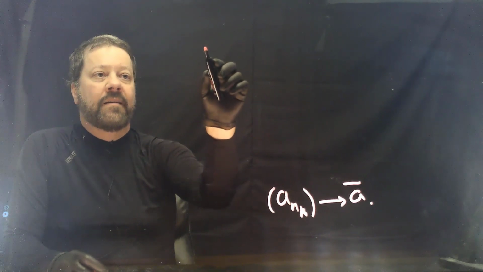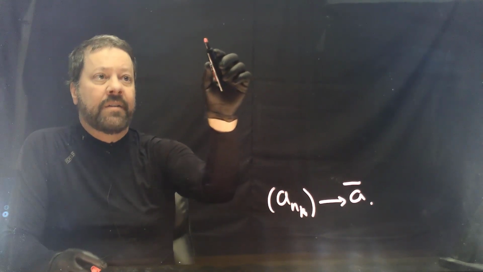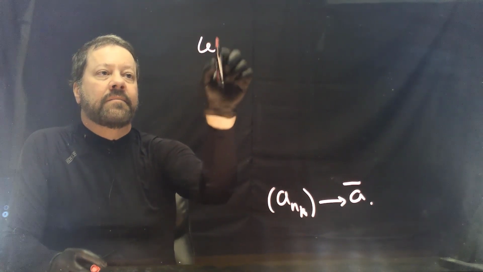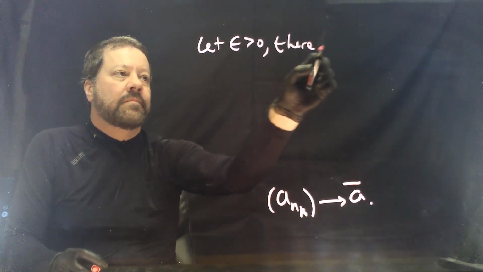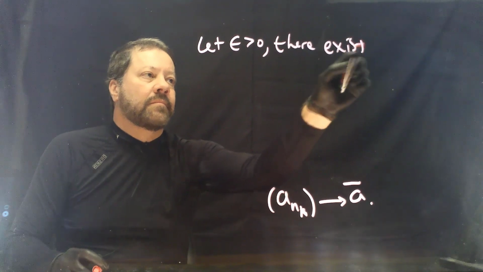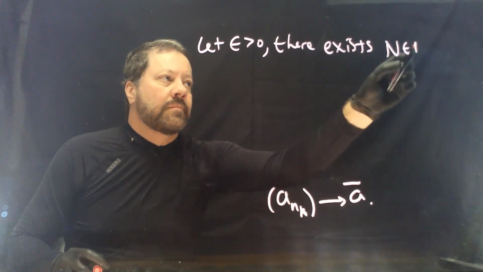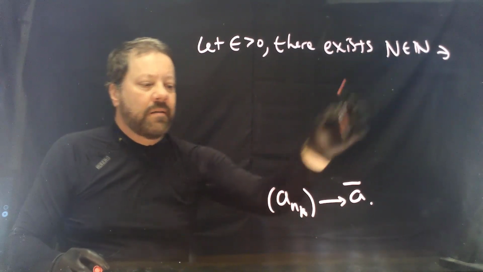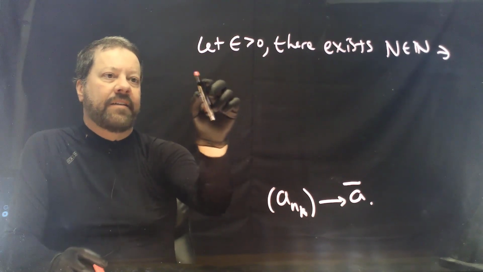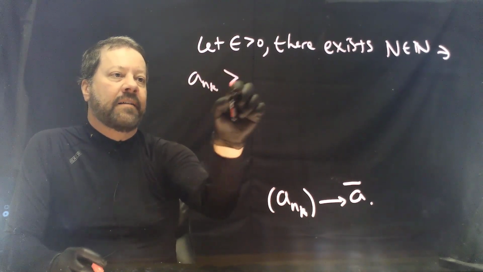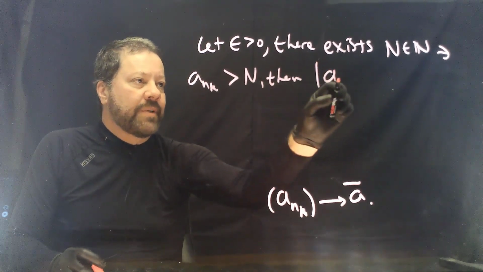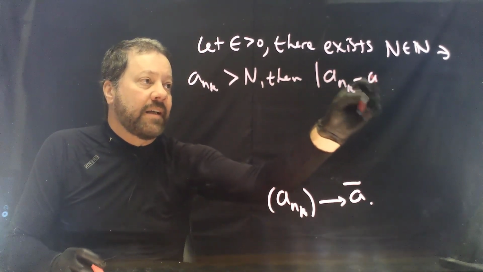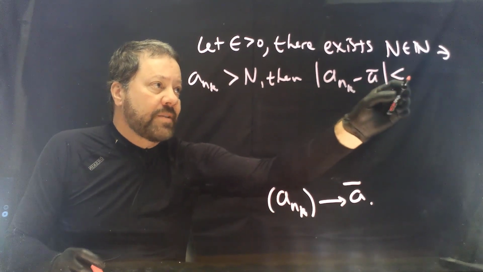So given any epsilon greater than 0, you can find an N such that if n_k is greater than N, then the difference between the a_(n_k)'s and a bar will be smaller than epsilon.